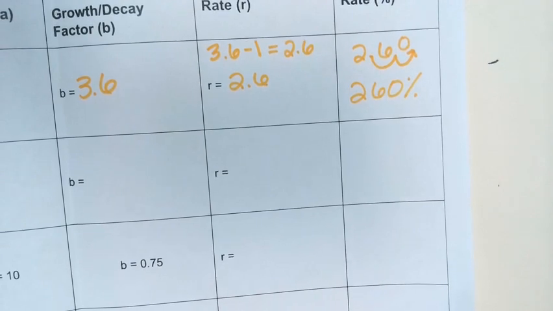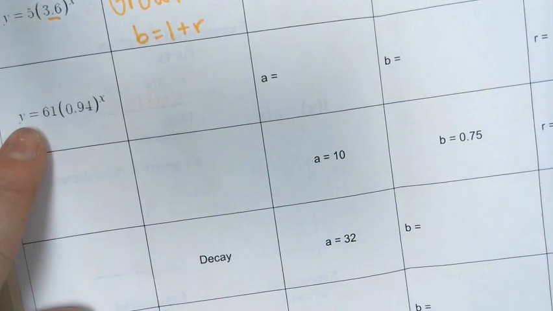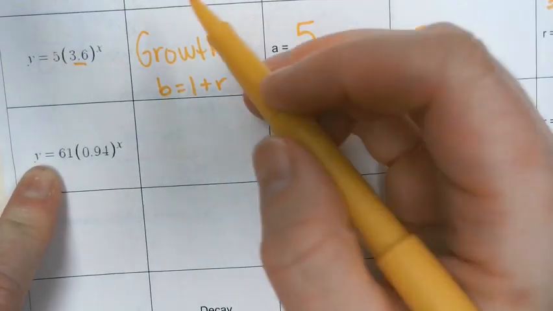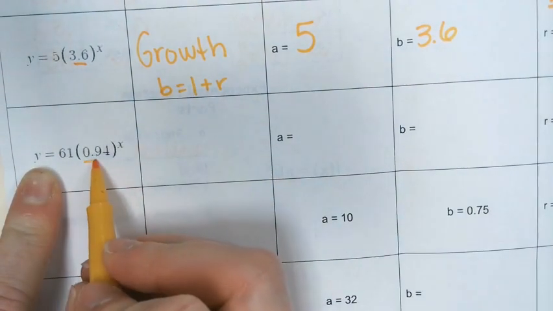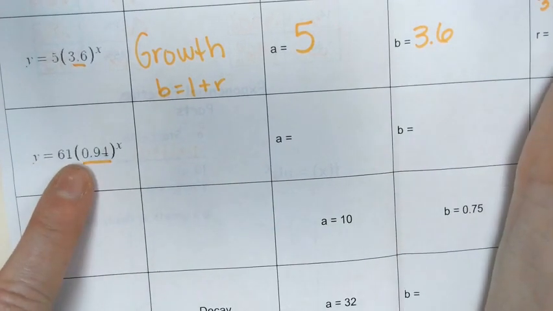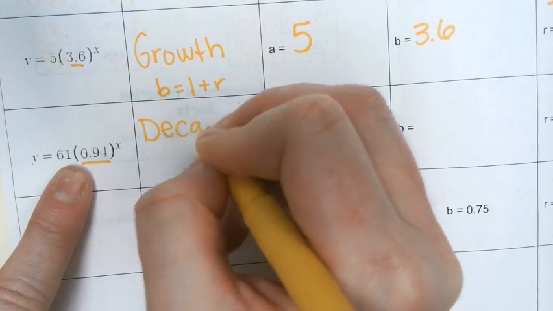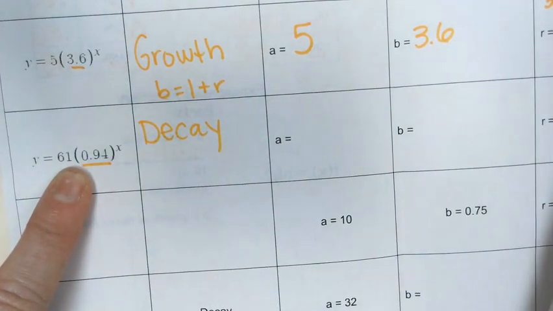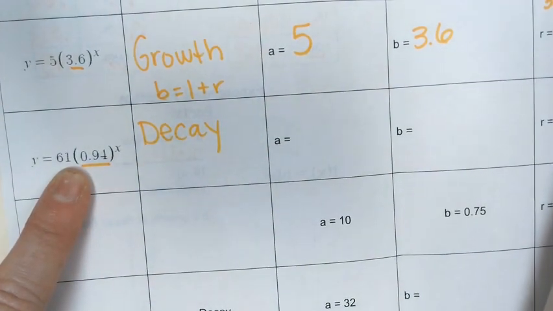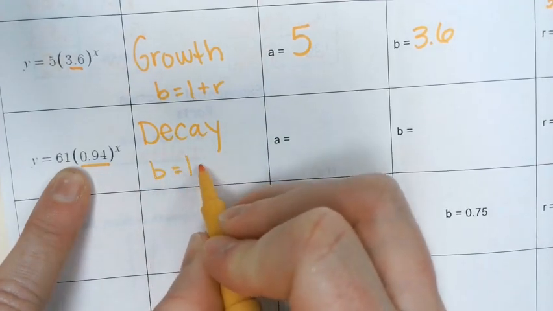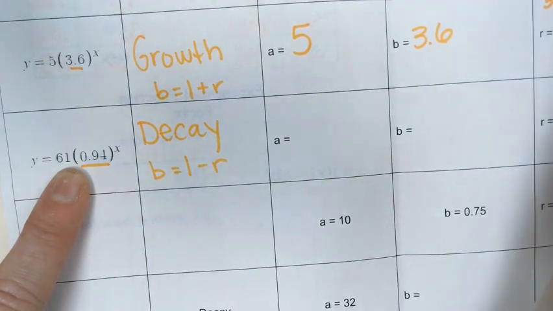All right, go to the next one. We base our growth or decay on the B value. It's smaller than 1. So that means it's going to be a decay. So for decay, B is found by doing 1 minus the rate.